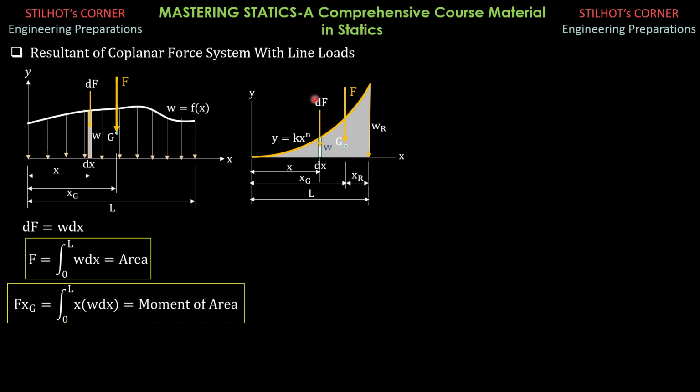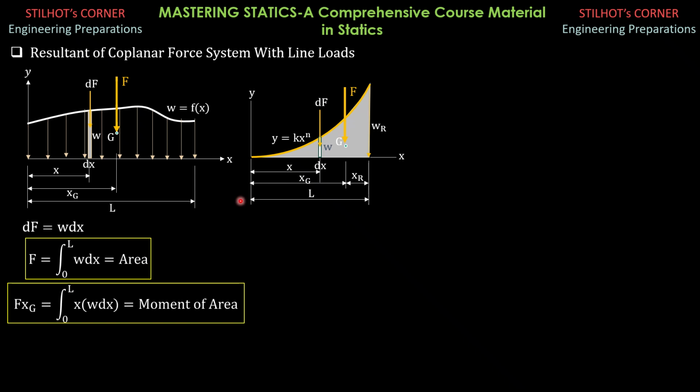Then this is the differential force. Again, the height is w, and the distance of the centroid of that rectangular strip from the left is denoted by x, and this G here is xg, and we will call this xR because it's easy to remember than the xg expression as I derived it here.